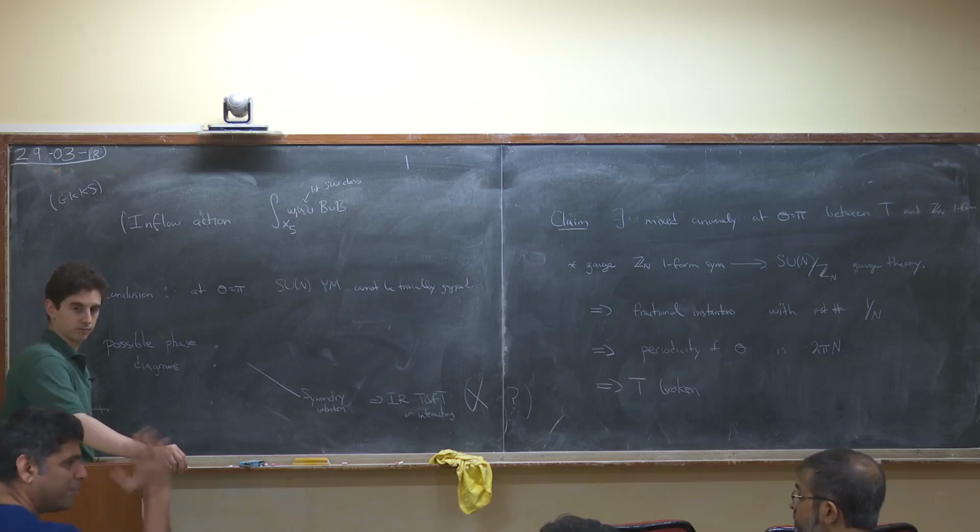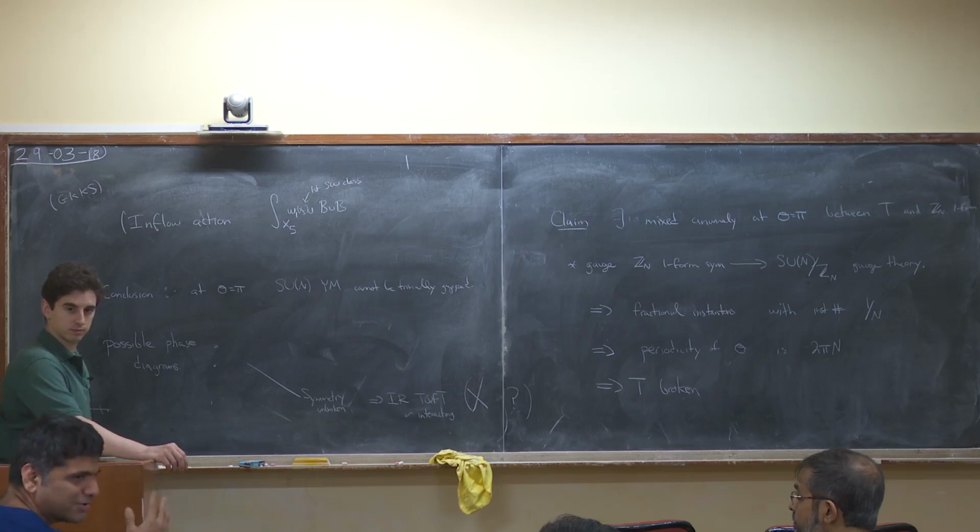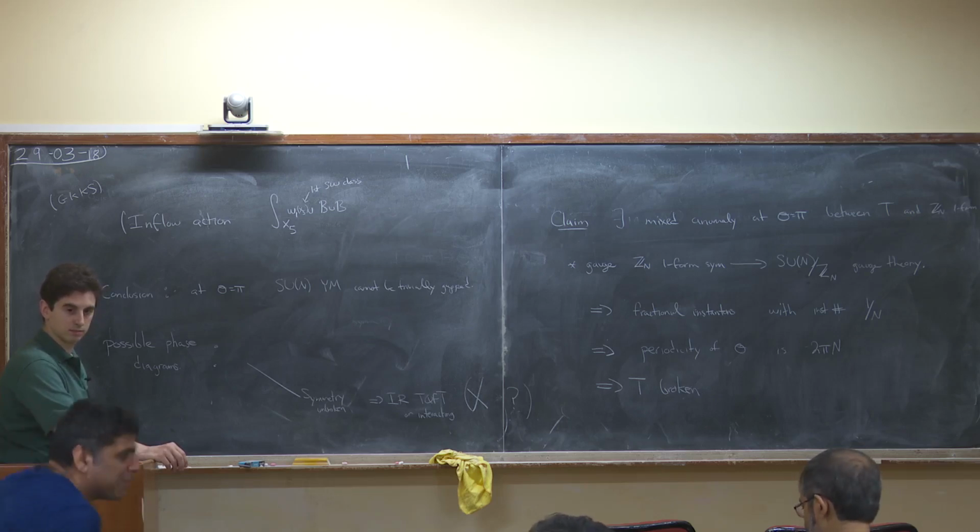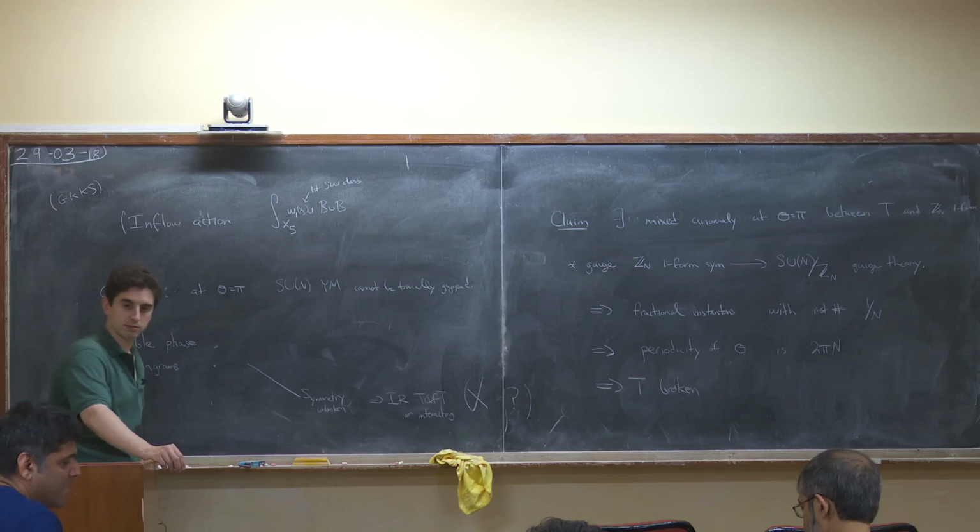There's this old paper from 1960, which starts off by calling this a paradox. How can you have a theory where the 't Hooft coupling is g squared?